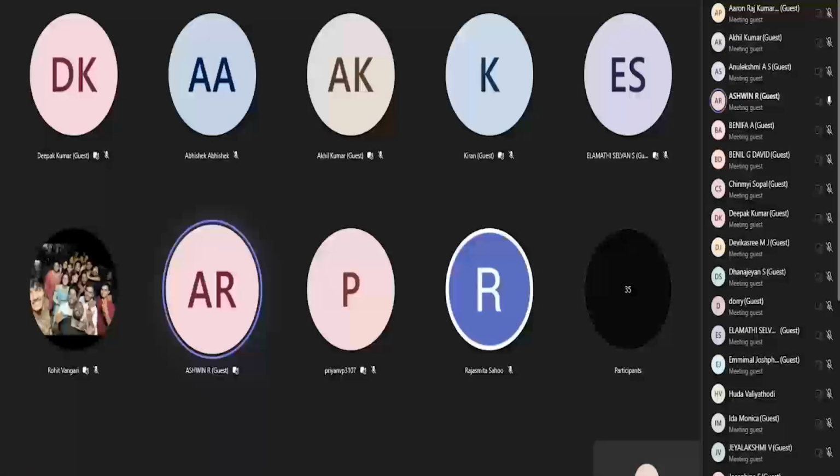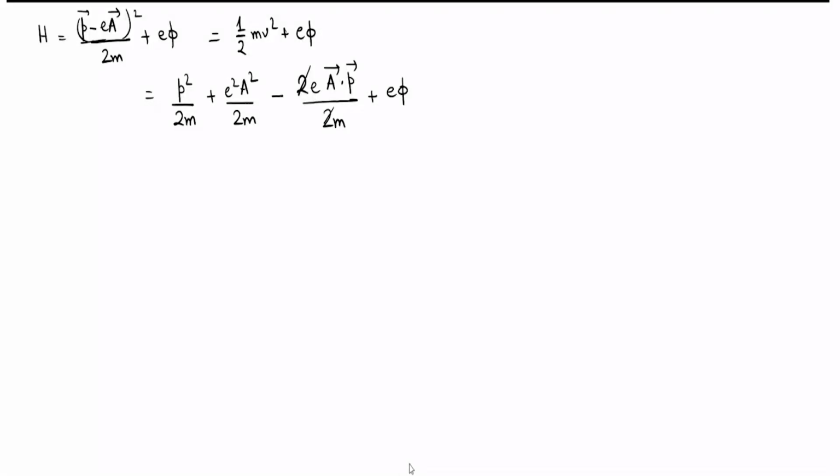Yes, sir. What is that? A transformation that leaves the equations unchanged? What equations? Physically, sir. So the potential equation, the Hamiltonian, Lagrangian, all that. Lagrangian, does it remain unchanged? So what remains unchanged in a gauge transformation?